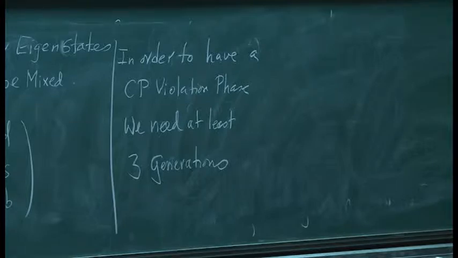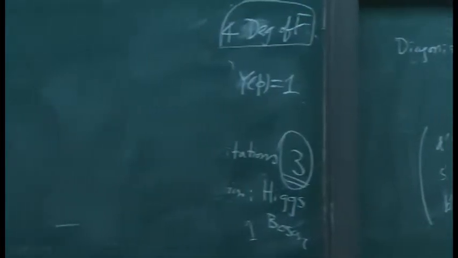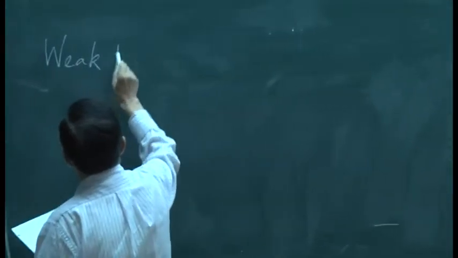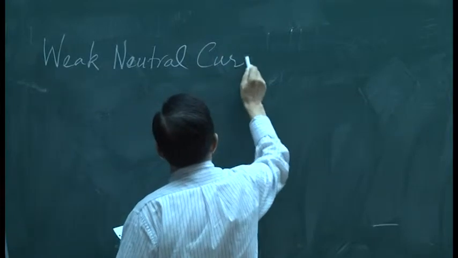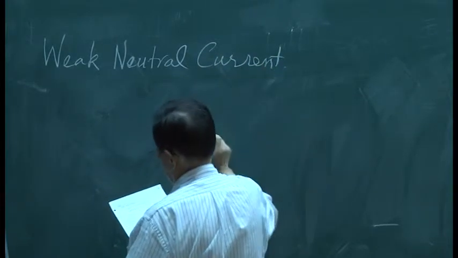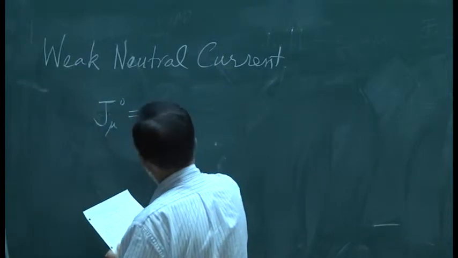So, what mixing is done here. The weak neutral current you can write down like this, W 0.